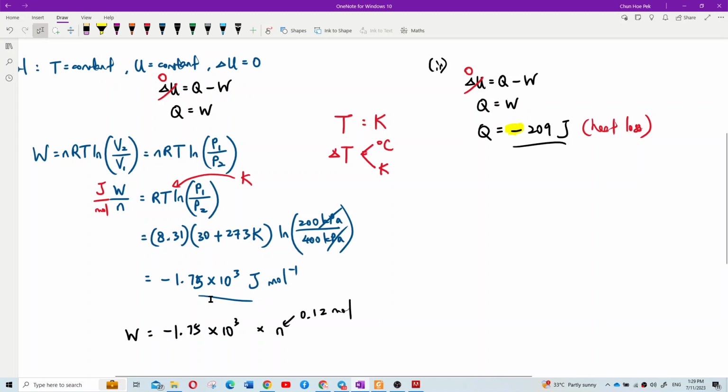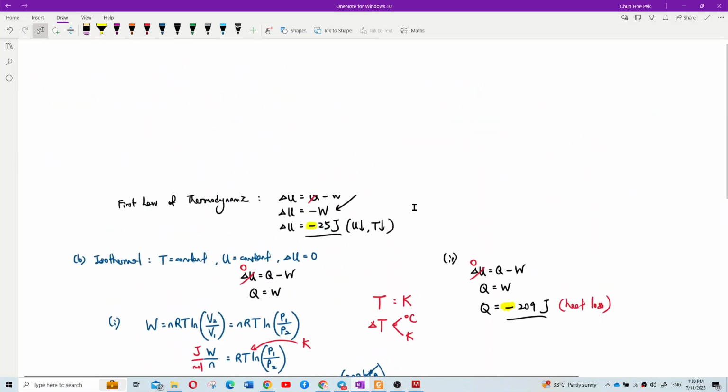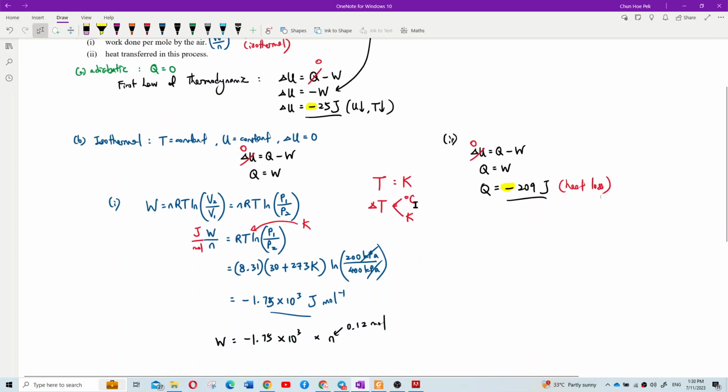So we must ensure all the energy that enters is lost as heat. So I have to do it slowly. All the energy enters, then comes out again into the surrounding, lost as heat. Okay, so that's all for question 8. Understand, class?